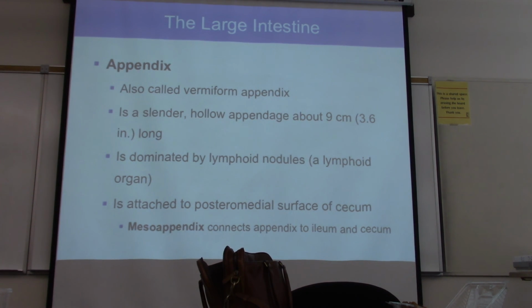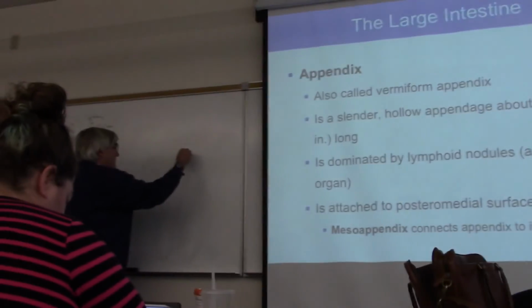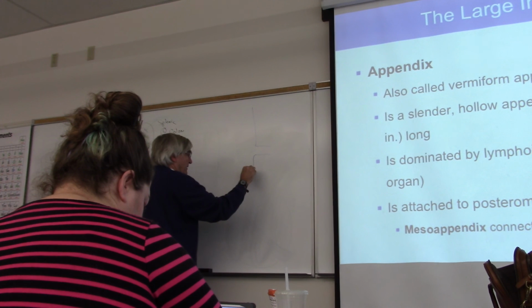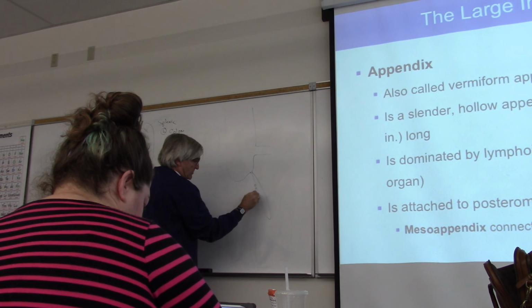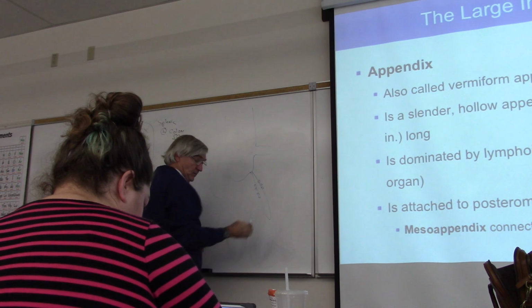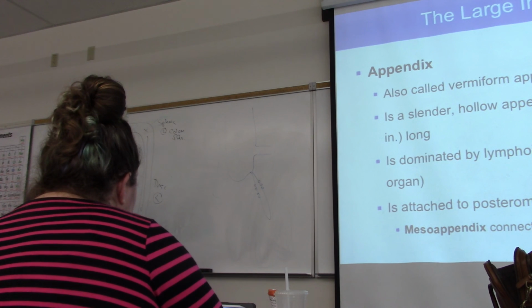What causes appendicitis? That's a very good question. Let's do a little close-up here. If this is your cecum, here's your ileum coming into it, and here's this long appendix. And along the wall of it here, there's all these nodules. They're lymphoid nodules, so they get swollen from time to time.